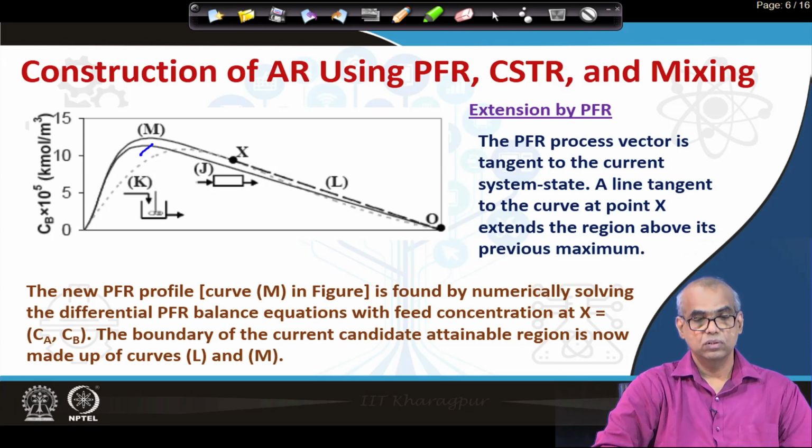So, to obtain the trajectory indicated by curve M, we have to numerically solve the ordinary differential equations that represent the PFR with initial conditions given by point x. Now, the current boundary of the candidate attainable region is given by the curves L and M.